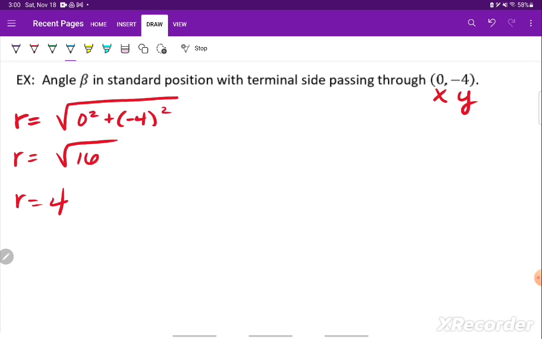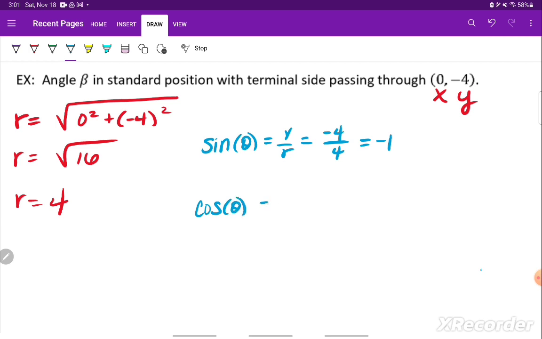I'd encourage you to pause the video right here and try to do these six, and then unpause the video and check yourself. So we know sine of theta is y over r. So that's going to be -4 over 4, -1.